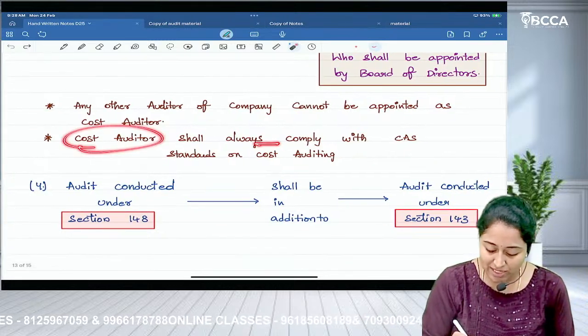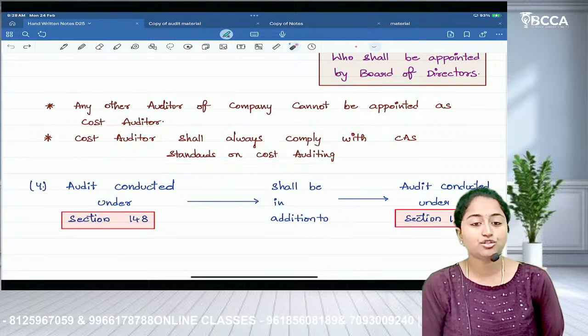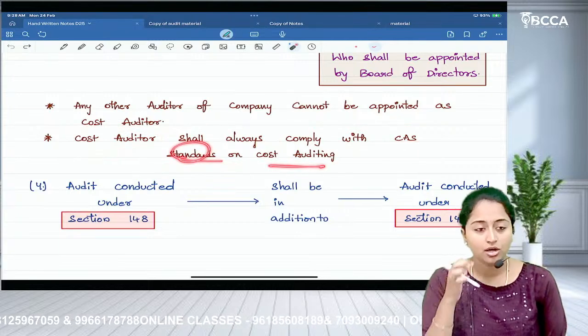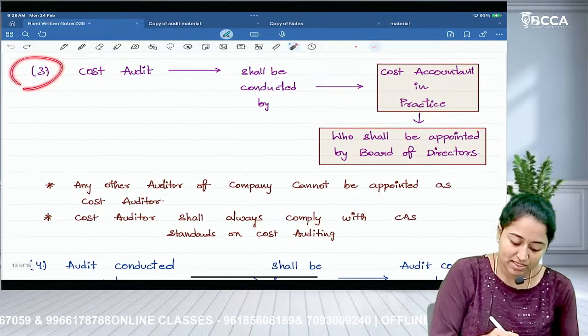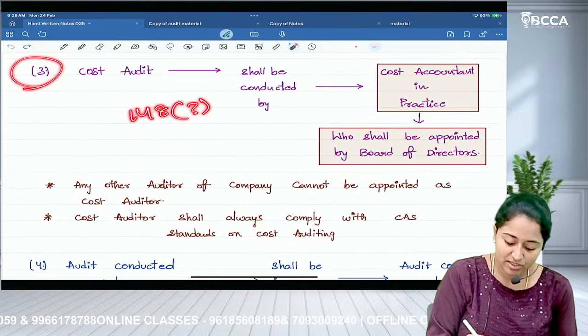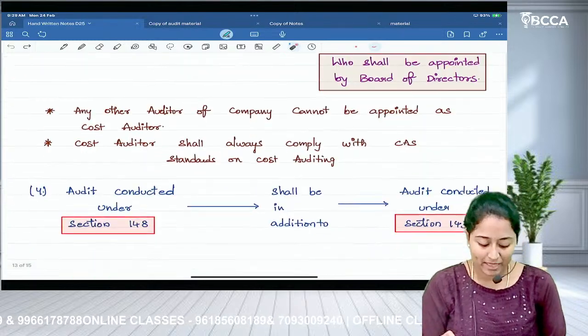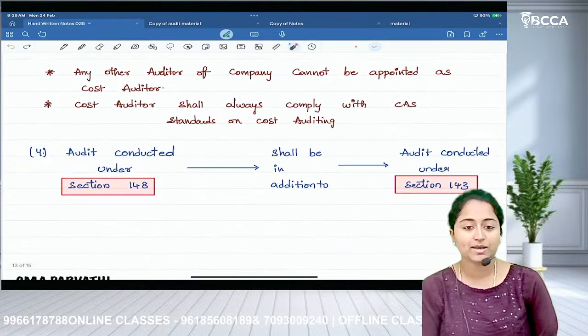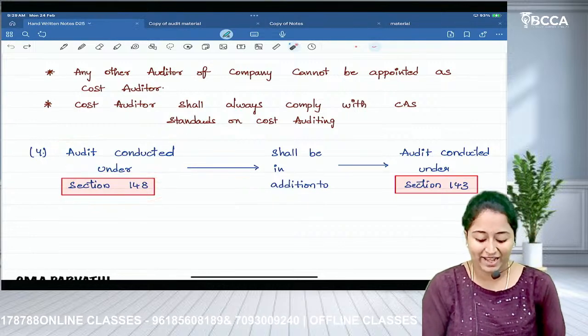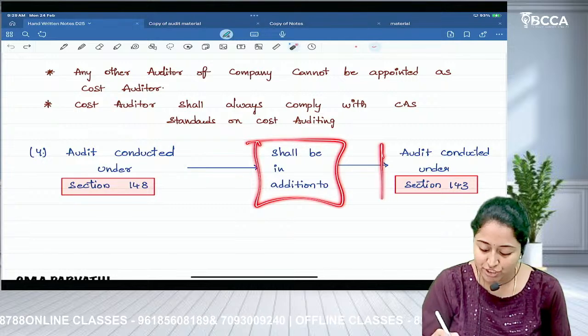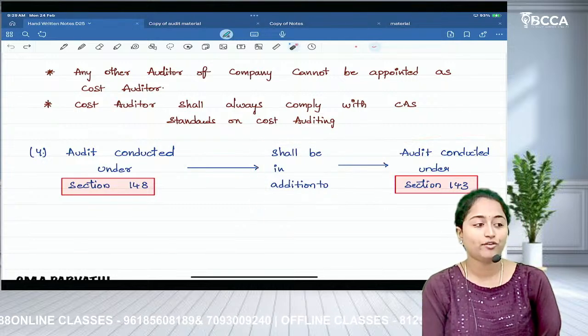Cost auditors shall always comply with the cost auditing standards, which are the standards on cost auditing. This is given under section 148 subsection 3. Clear with 3? Now, coming to 148 subsection 4. Audit conducted under section 148 shall be in addition to audit conducted under section 143.